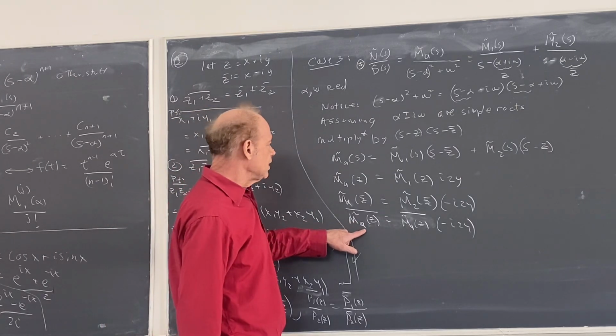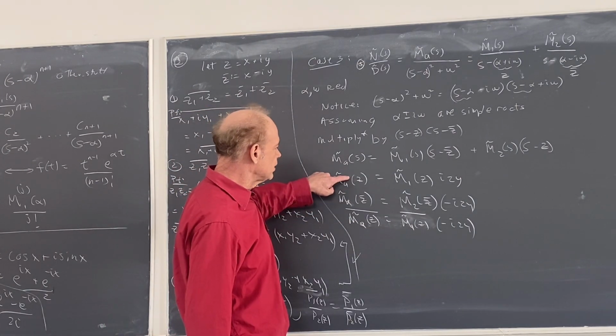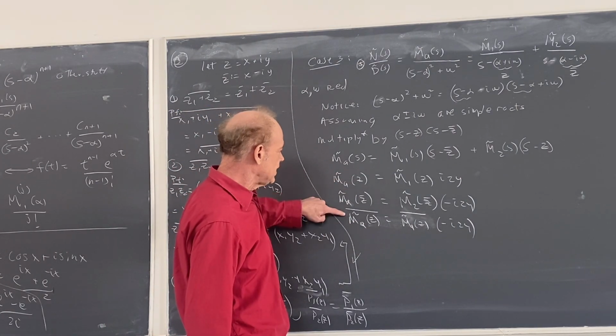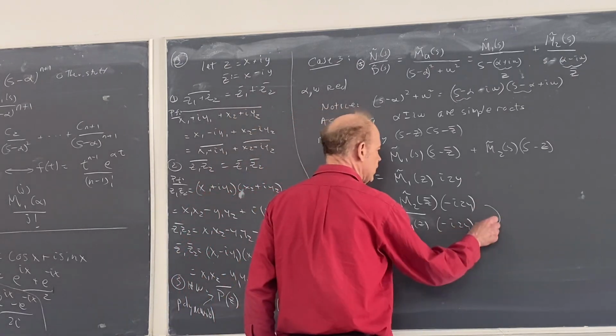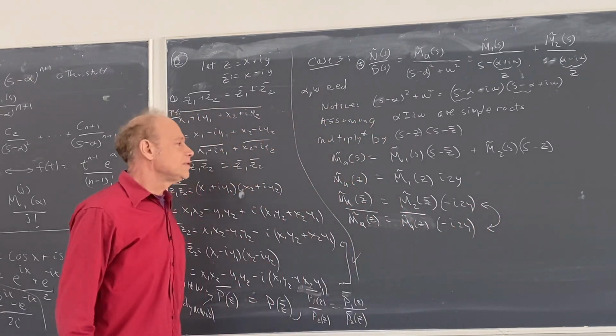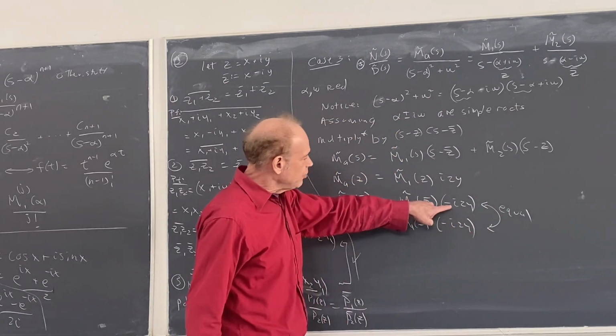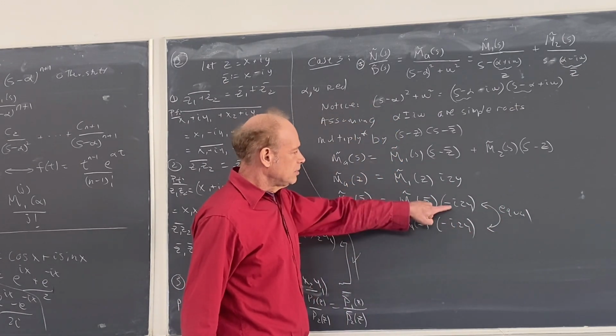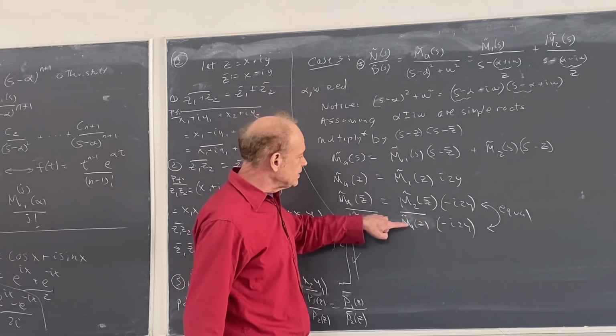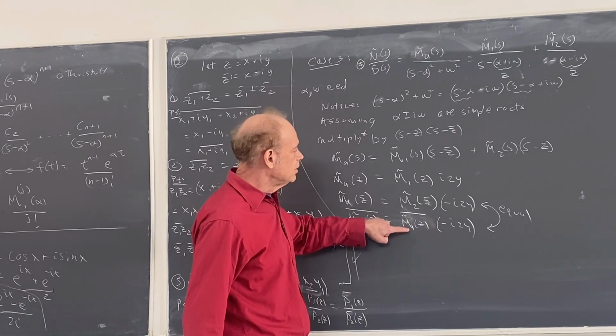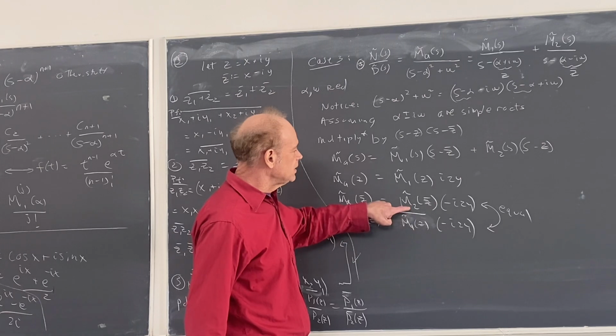Now this thing, since these are complex conjugates of each other, the complex conjugate of this equals that. So these two are equal. Well, if they're equal, these two guys are the same. So that tells me that M1 tilde bar of Z is M2.